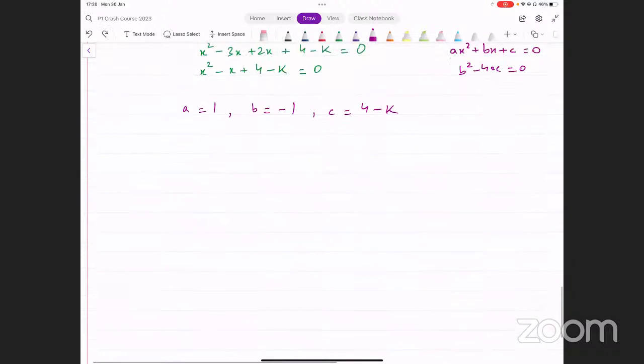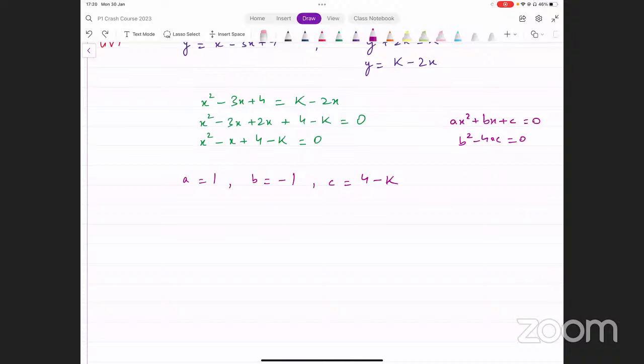And now what we do is we say, since the line is a tangent to the curve, b squared minus 4ac should be equal to 0. All right, now let's just input values. This gives us minus 1 whole squared minus 4 into 1 into 4 minus k, and this equals 0.